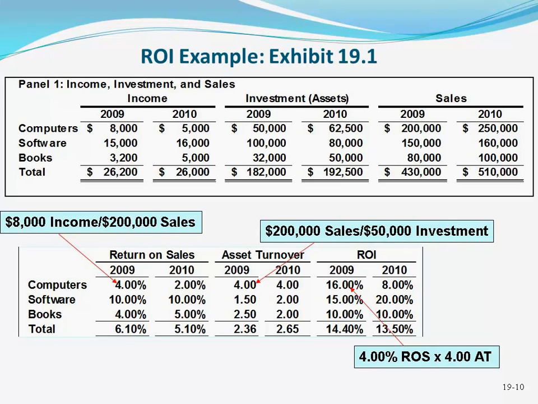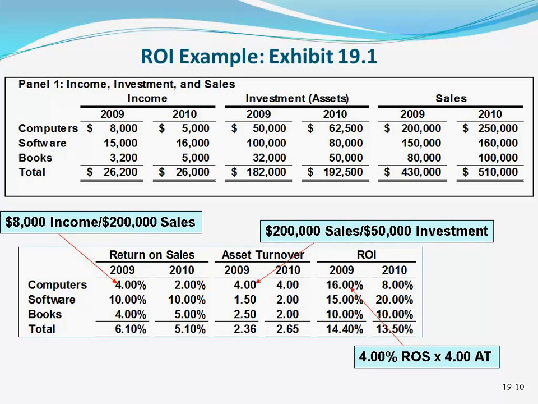And then in the bottom panel, you have the returns on sales, the asset turnover, and the ROI calculated based on the top numbers for the three types of products each year and then for the total.